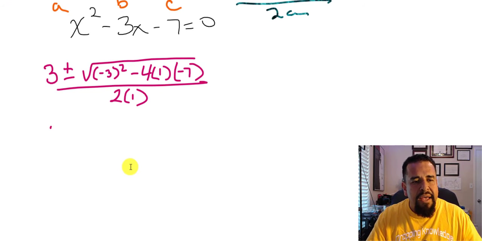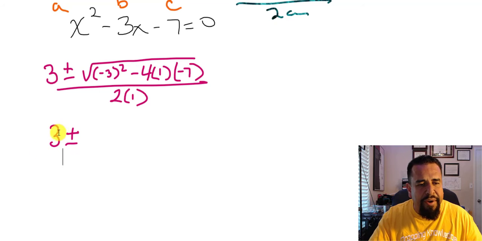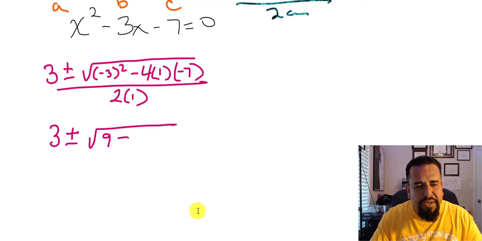Here we go. So I'm going to have 3. By the way, this 3 right here, I don't do anything with it other than rewrite it until the very end. So 3 plus or minus the square root of negative 3 squared, which is 9, minus negative 4 times 1 times a negative 7, which is 28. And that's going to be a positive 28. All right. That's what I have there.